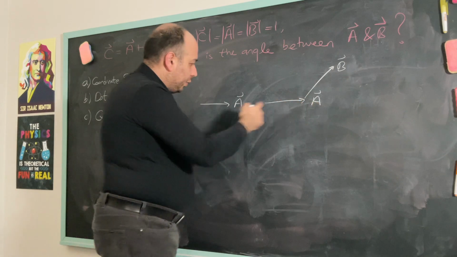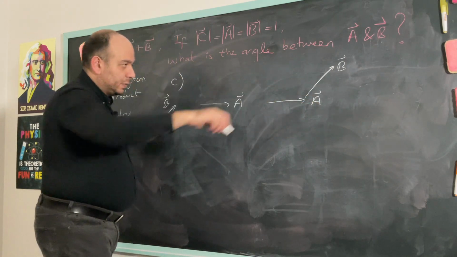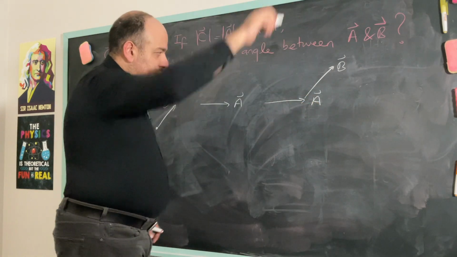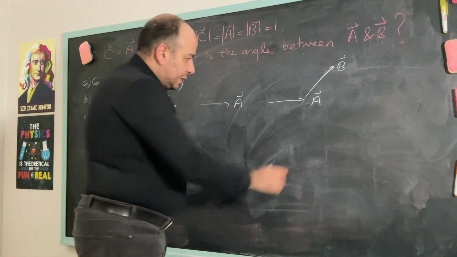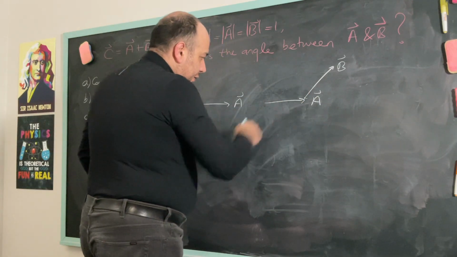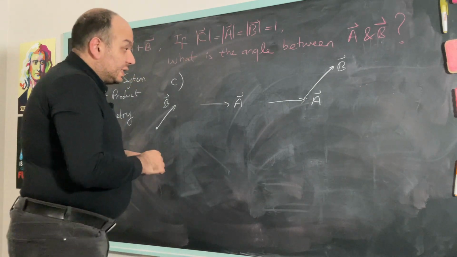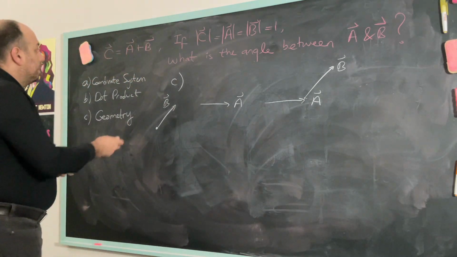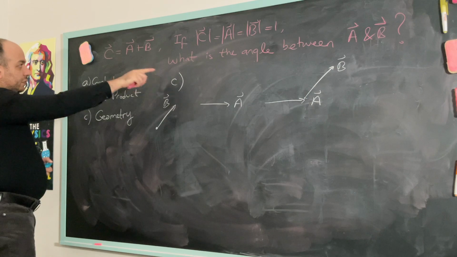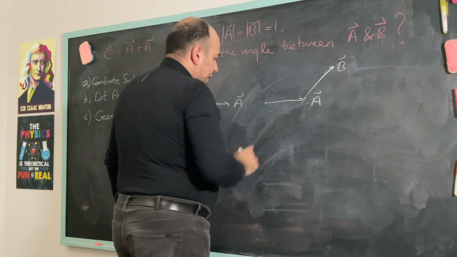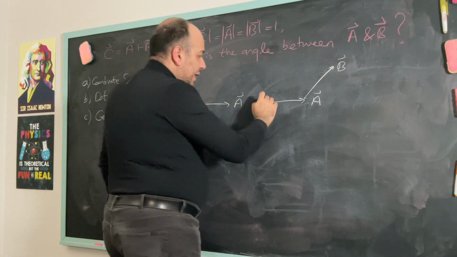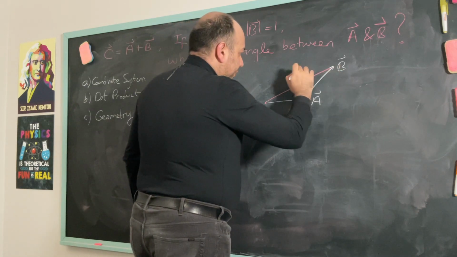A is also pointing in its usual direction, and B is pointing in the same direction as before. So we just connect them like this: tail of B is connected to the tip of A. The resultant, or the sum of these two vectors, A plus B, C, can be found by connecting the tail of A to the tip of B.